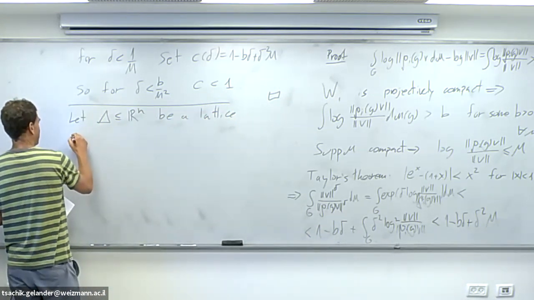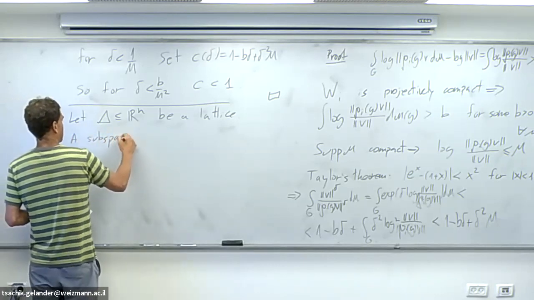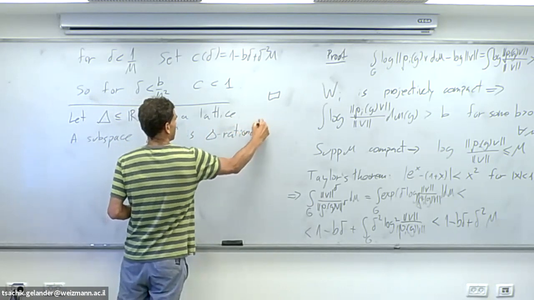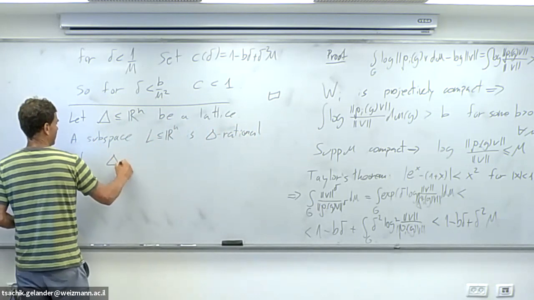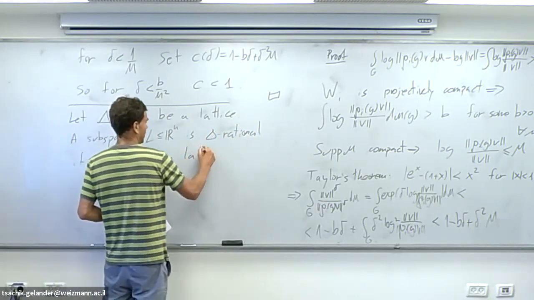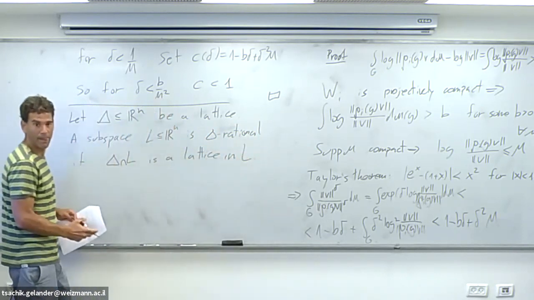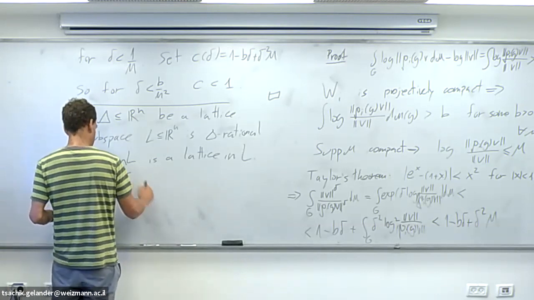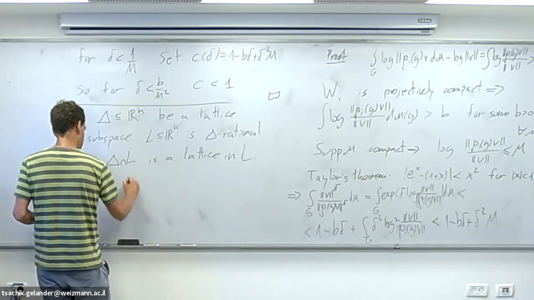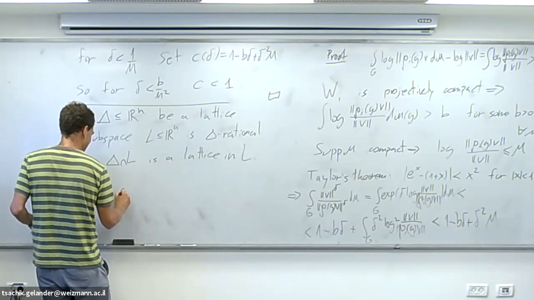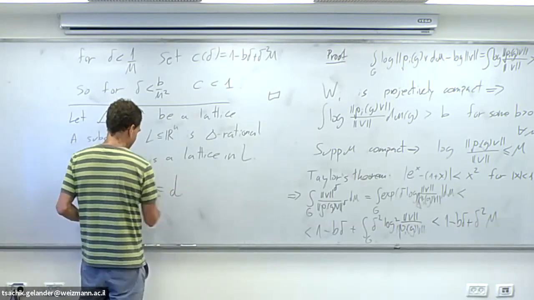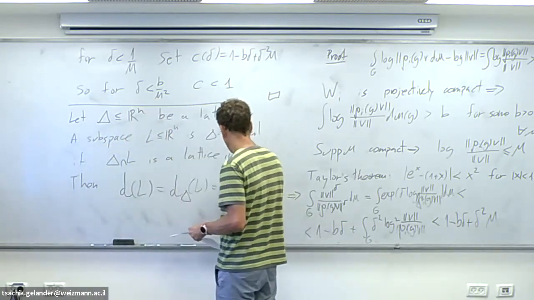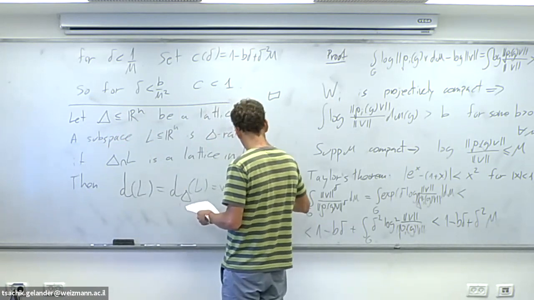A subspace L of R^n is delta-rational if delta intersect L is a lattice in L. Then we denote by D of L, which I write D, but I mean D_delta, the volume of L divided by L intersection with delta.